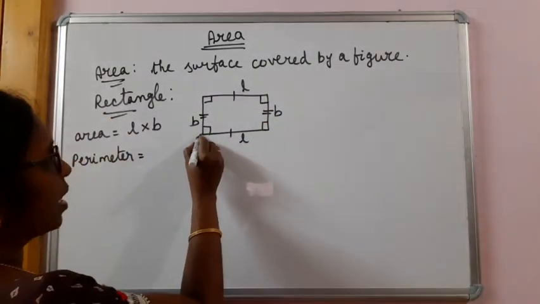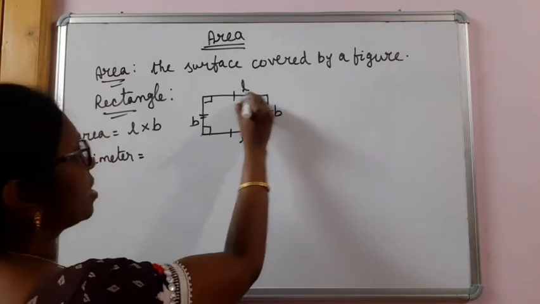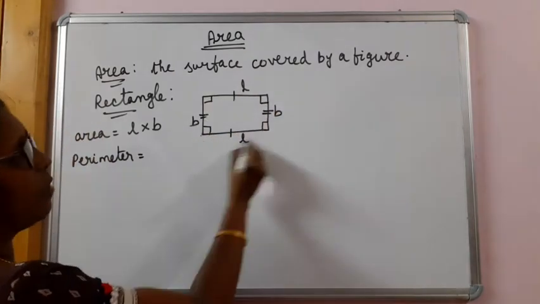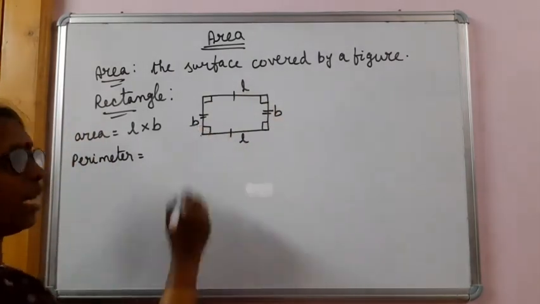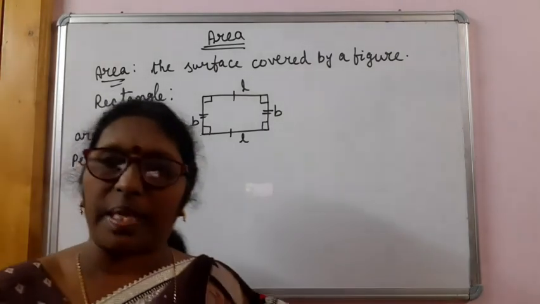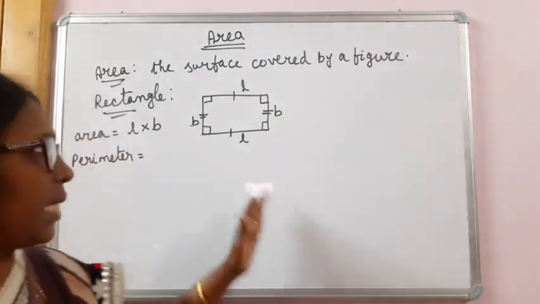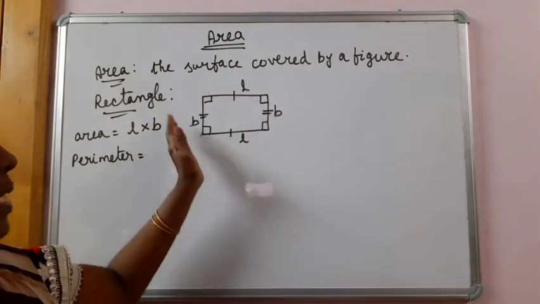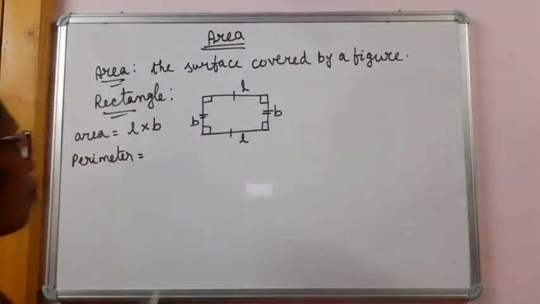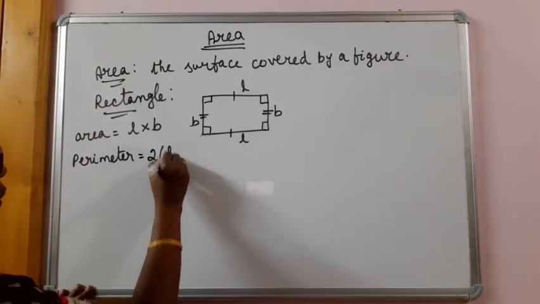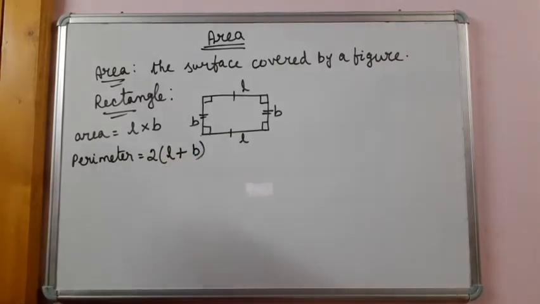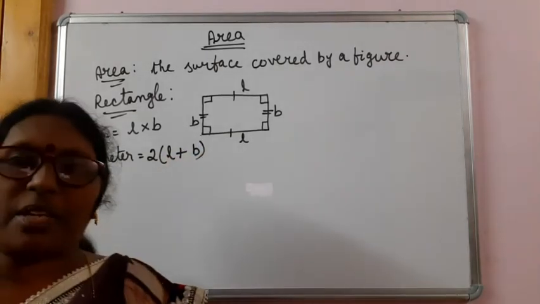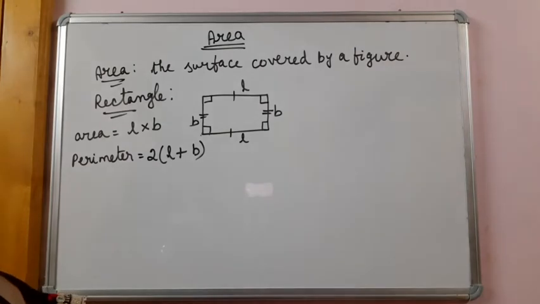If we start from here, this plus this plus this plus this: the sum of all the sides of the rectangle is the perimeter. In a rectangle, we know two lengths and two breadths are there. So the perimeter of a rectangle is 2 into (L plus B).